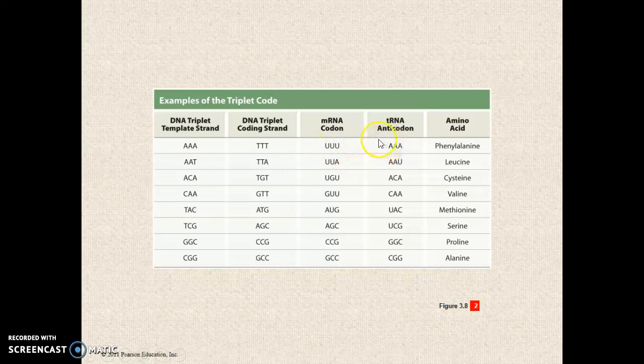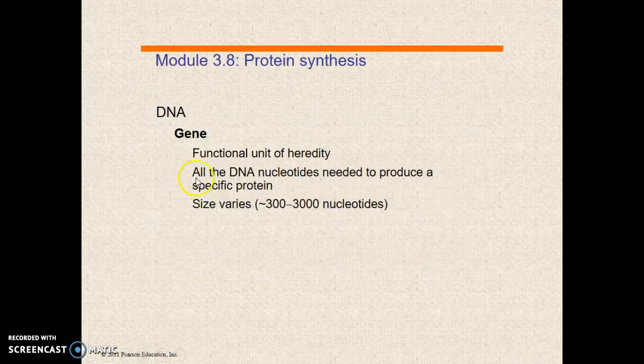Transfer RNA requires an anticodon, and transfer RNA carries the amino acid phenylalanine. This is the amino acid. There's 20 amino acids in the body, and each amino acid is determined by the DNA template strand. So DNA consists of genes, which is the functional unit of heredity.